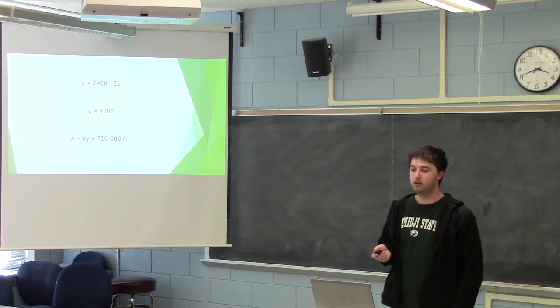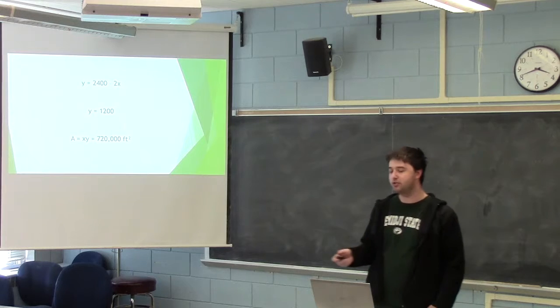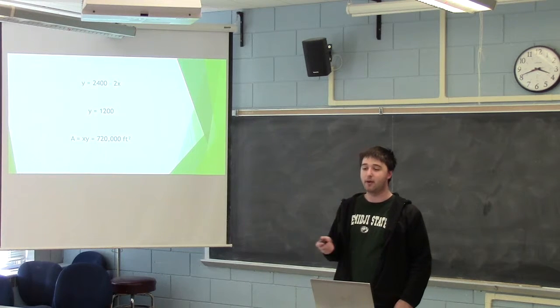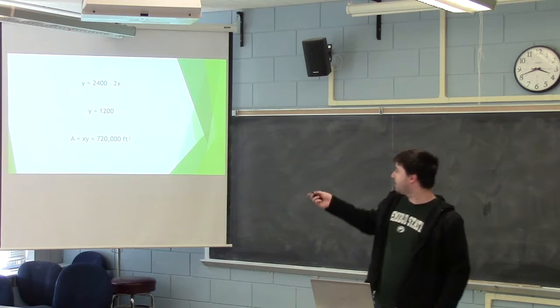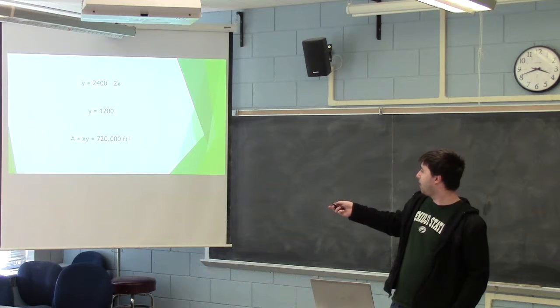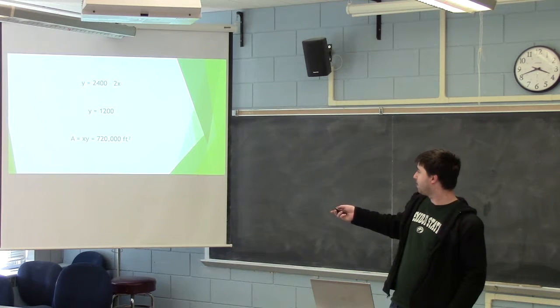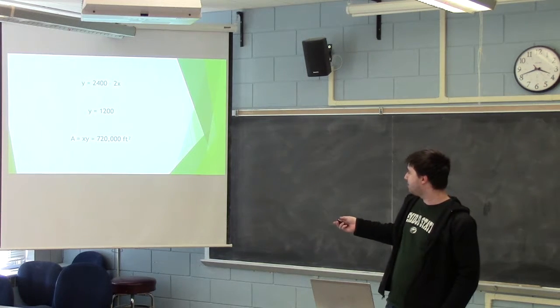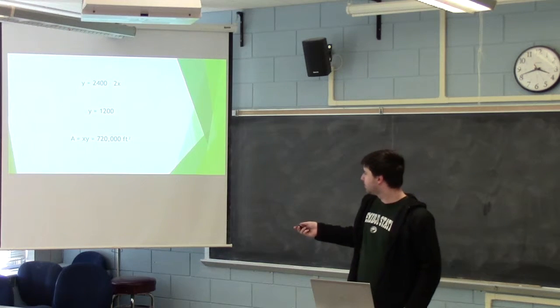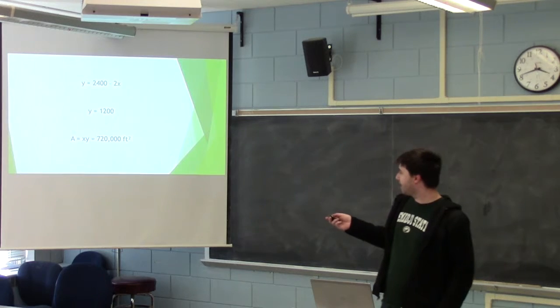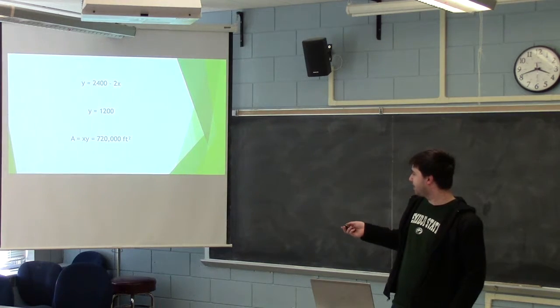Okay, so when that happens, I can just plug back into the equation for y. Remember, y is from our perimeter equation here. So y equals 2,400 minus 2x, I plug in that number of 600, and thus I get y equals 1,200 feet.